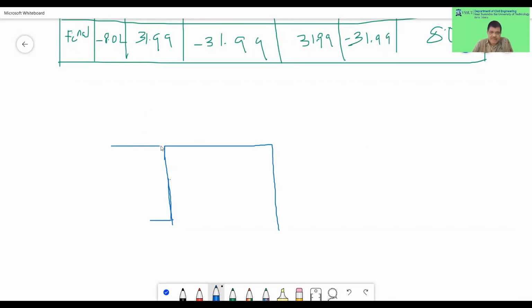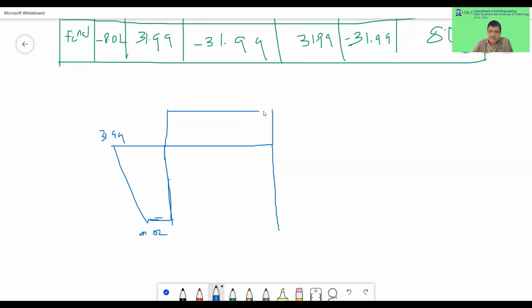You can take it here like this. This will be 8.02, and this is 31.99. Again here minus means 31.99 will be negative, so this is a negative moment, clockwise.